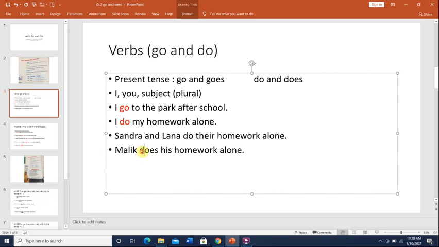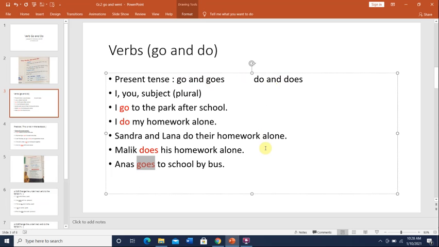What about Anas? Anas is also one person. Anas go or goes? Anas goes to school by bus. Because Anas is one person, I use goes and not go. This is how we use go and goes and do and does in the present tense.